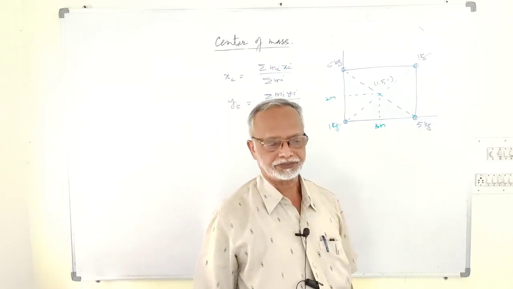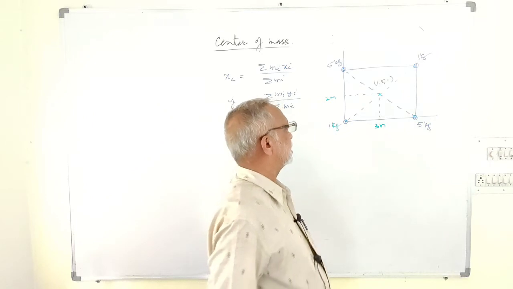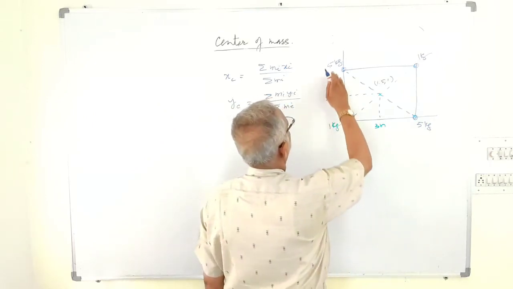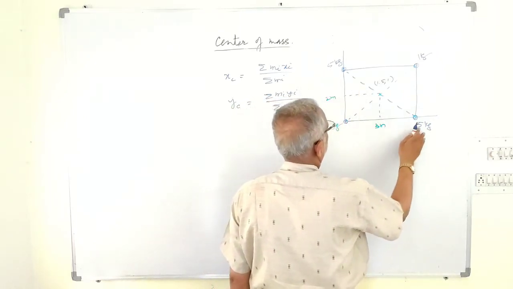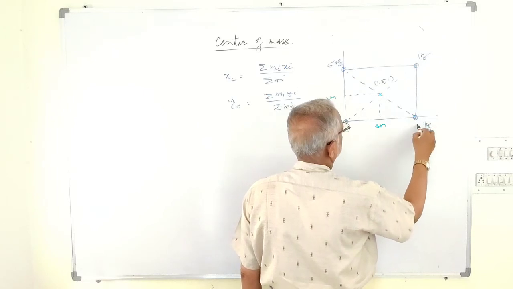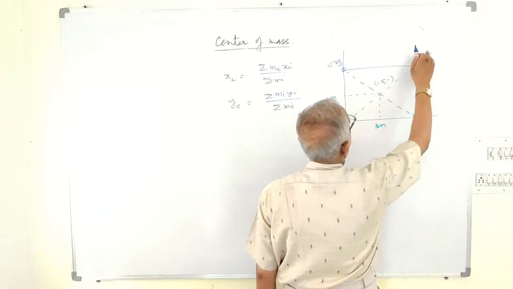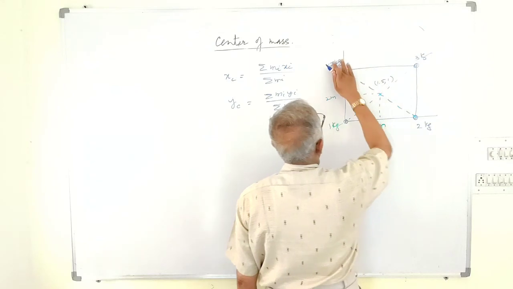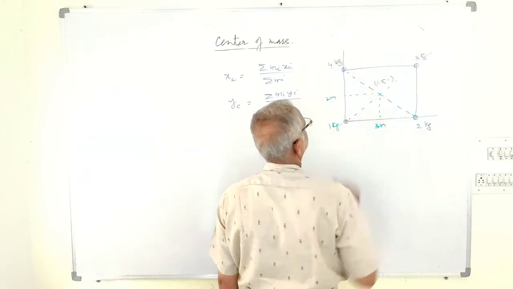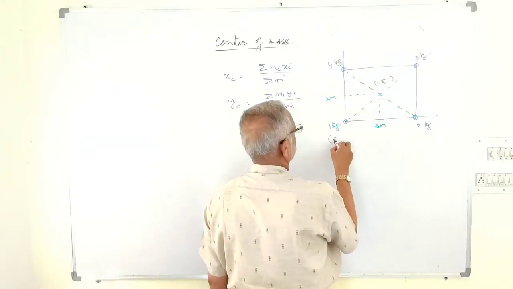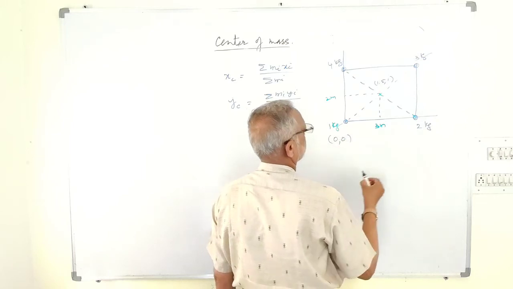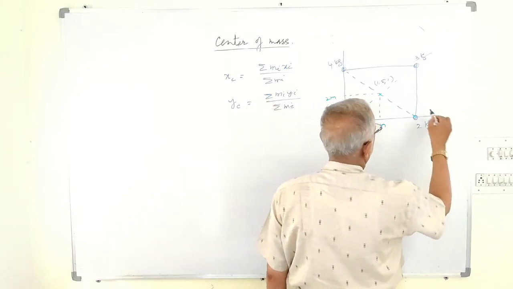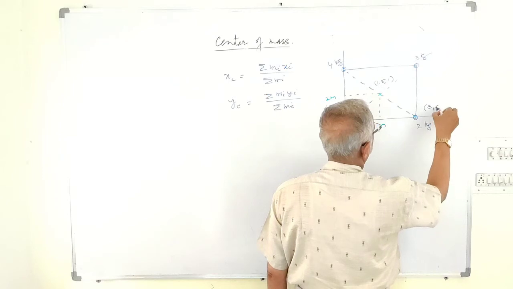Now let us consider a case of 4 bodies having different masses, 1 kg, 2 kg, 3 kg and 4 kg. 1 kg is at the origin, coordinate 0, 0. 2 kg on x-axis, coordinates will be 3, 0.